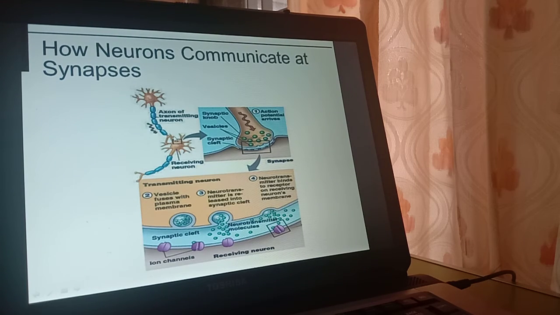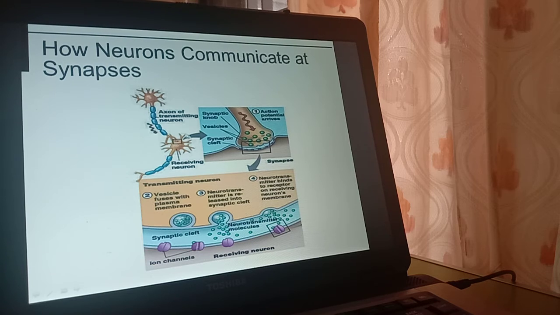Okay. Now, how do these neurons conduct these impulses or communicate at the synapses? The dendrite collects the information through the cell body. It passes via the axon, reaches the end, that is the synaptic knob, where we have the dendrite of the next nerve cell also.